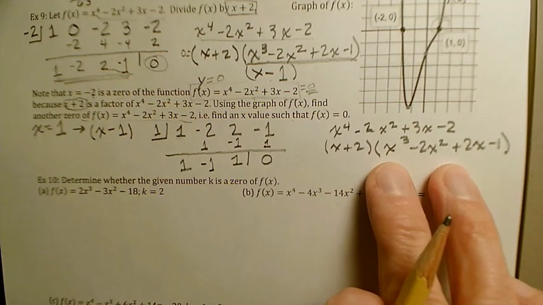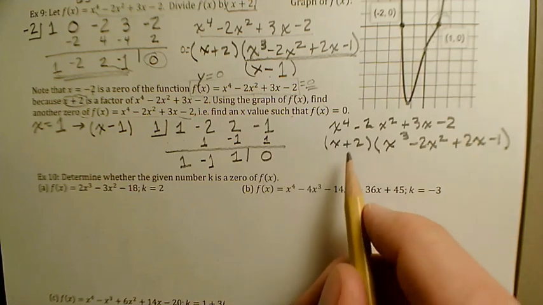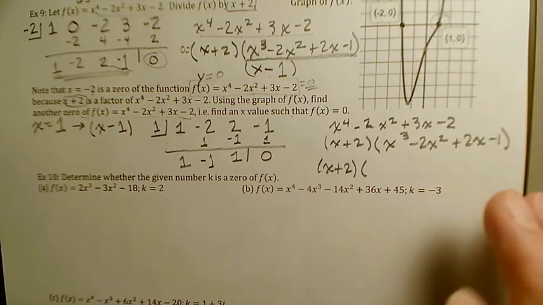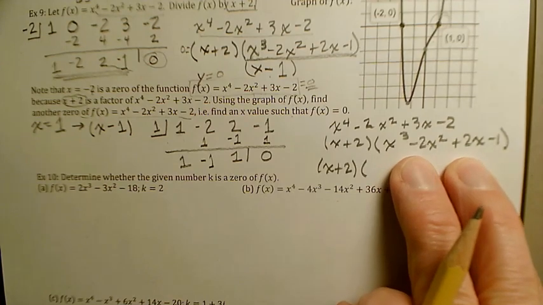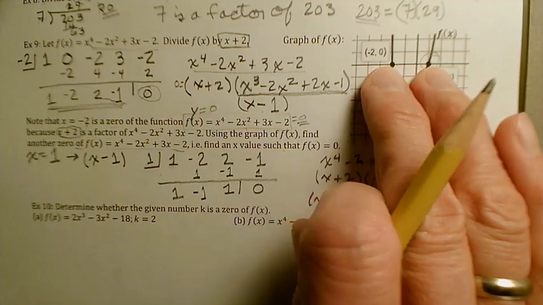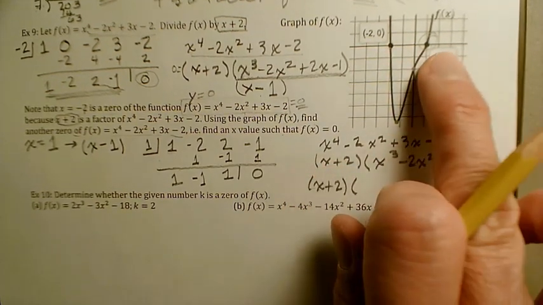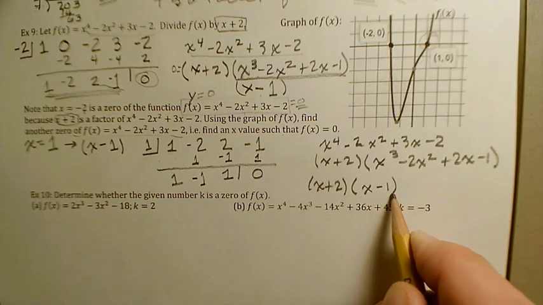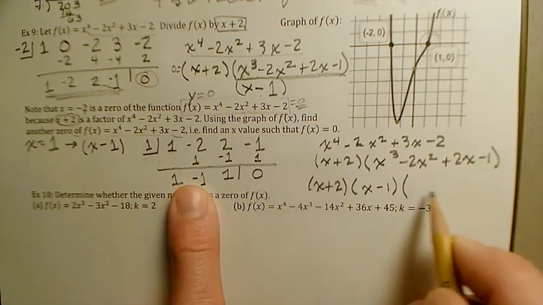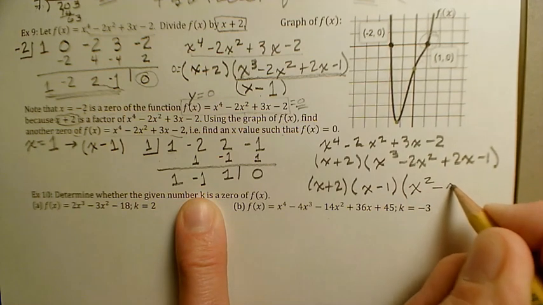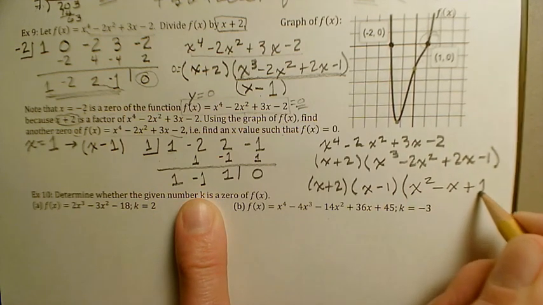And now we've taken this and we've broken it down again. So we still have the x plus 2 here. We've essentially done synthetic division on it again, using these two zeros sort of helps us. We had one here. The other one's got to be there too. So we have x minus 1, and then this rest is the depressed polynomial, x squared minus x plus 1.